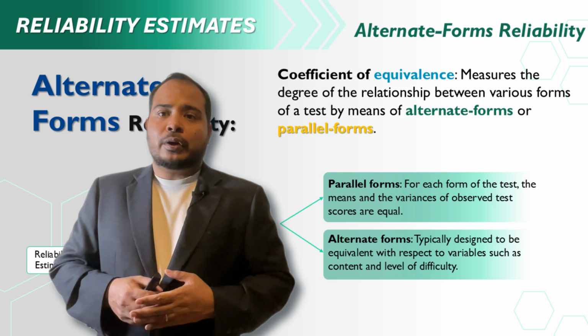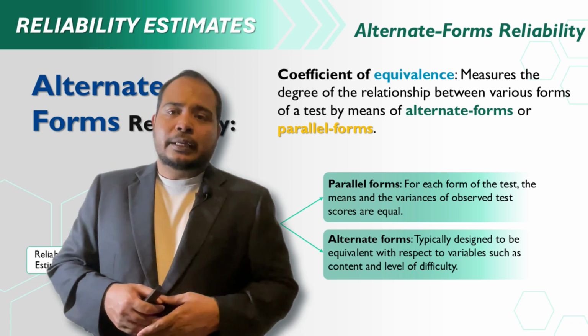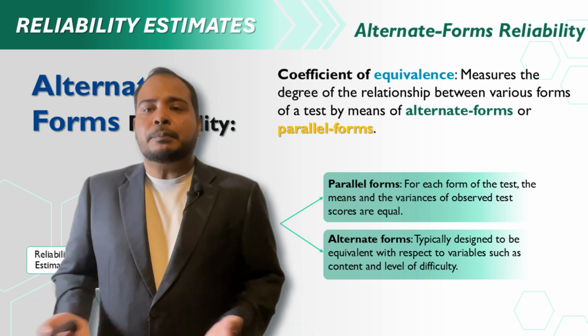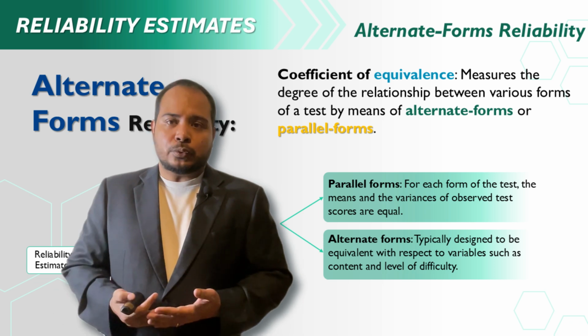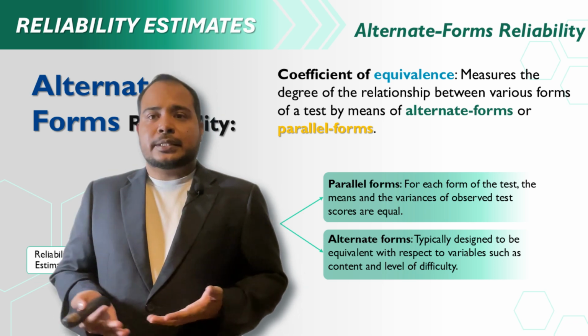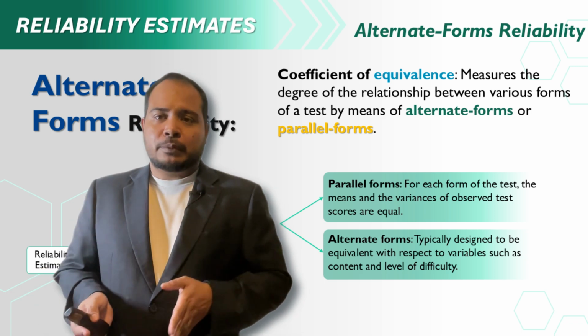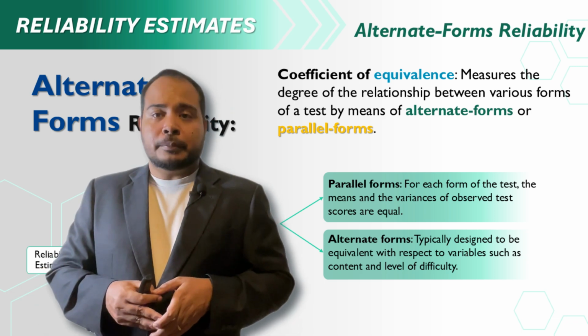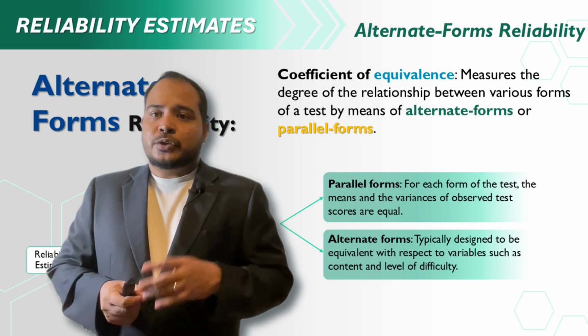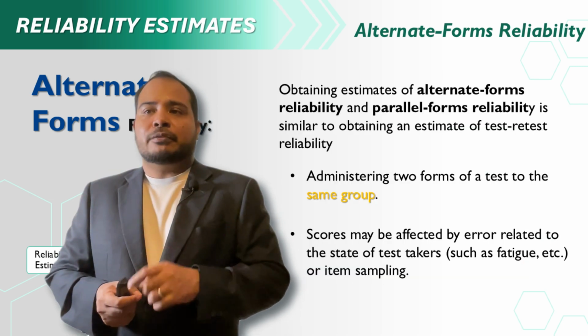The first time you collect data, you get 30 people. The second time, only 15 people are available to give you data. In this case, you will not be able to establish test-retest reliability because you don't have enough respondents. So alternate form gives an advantage.